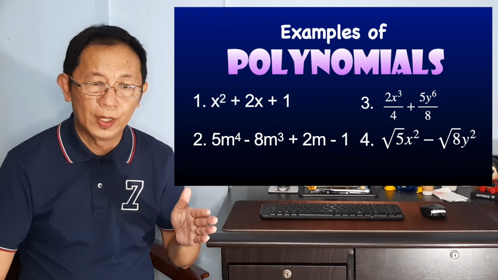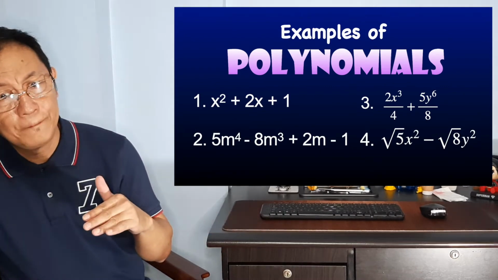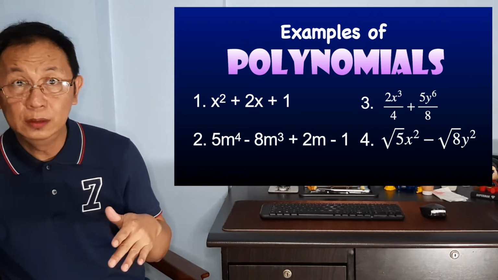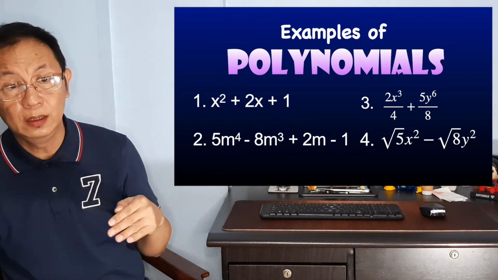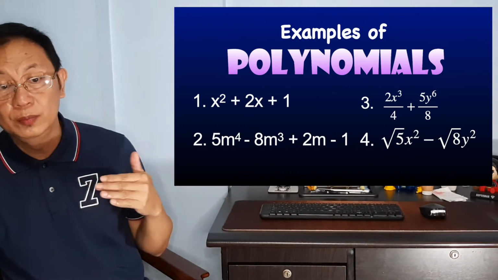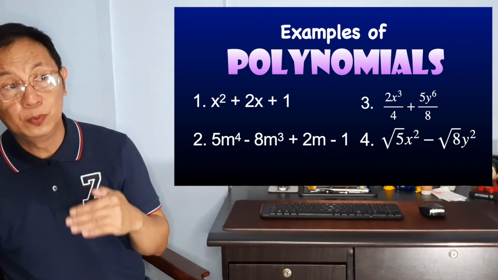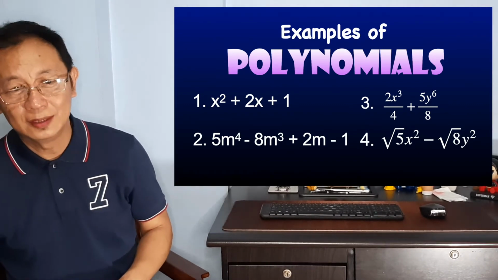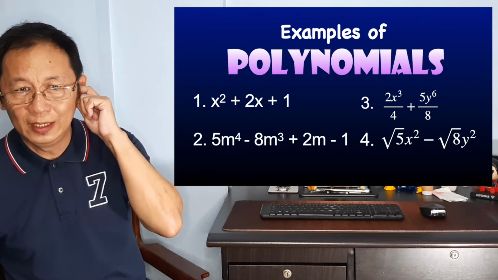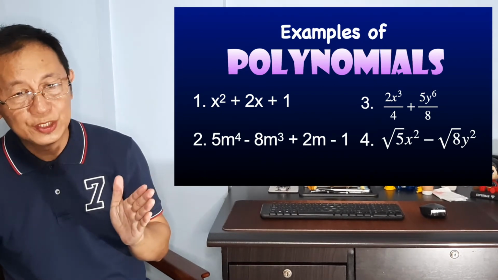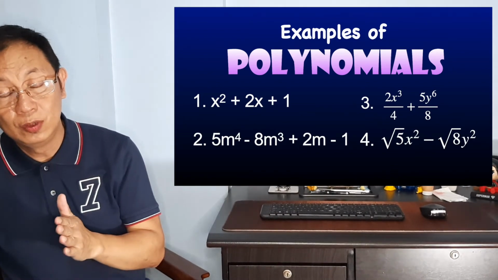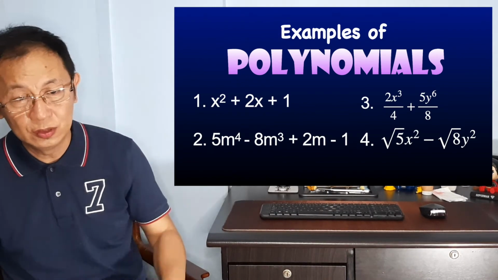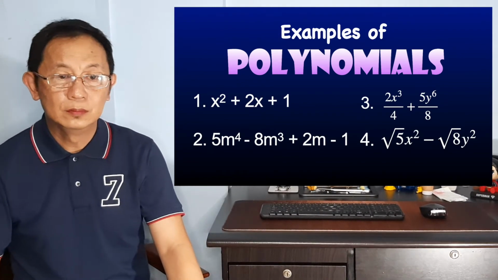Pero kapag kahit nasa loob siya, pero yung exponent niya ay even number, so posible siya maging polynomial din siya. Except kung ang exponent ng variable ay odd number. Okay? So, kailangan nasa labas yung variable ng radical symbol. Wala sa loob. So, this one is also an example of polynomial.